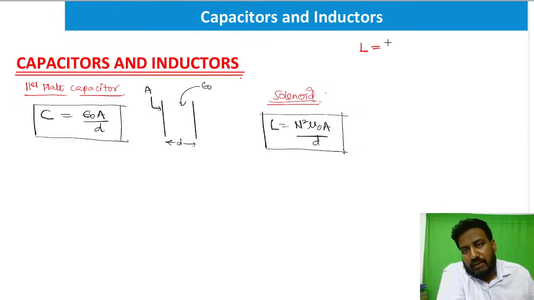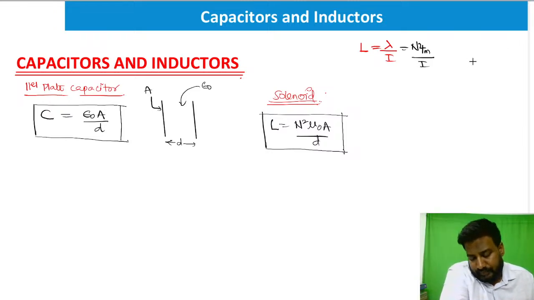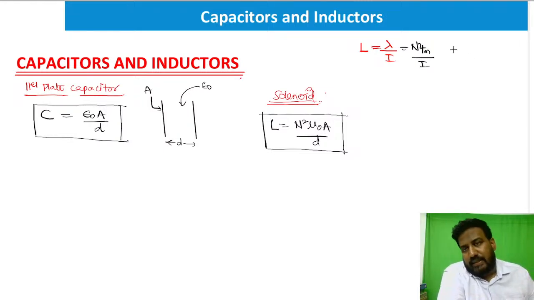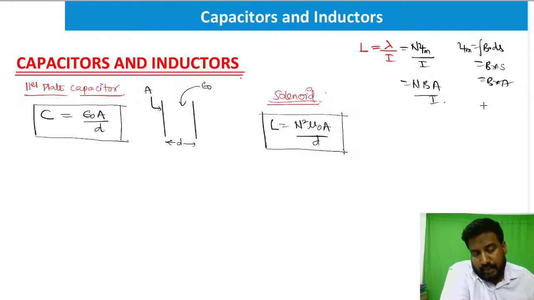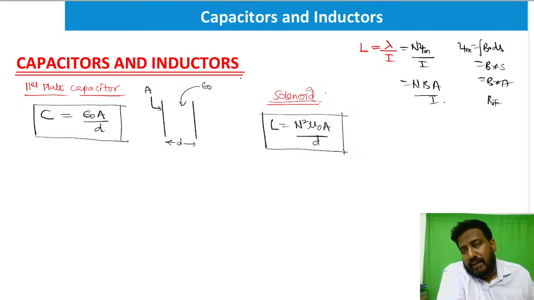What is the inductance formula? Flux linkage by current. What is flux linkage? N psi m by I. What is psi m? Surface integral B dot ds, which is B into surface area. Let the area be A. This is NBA by I. What is B?